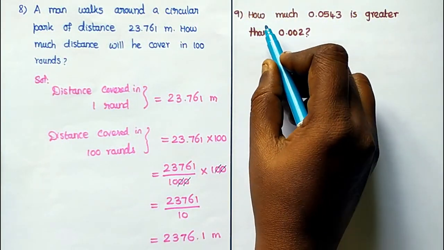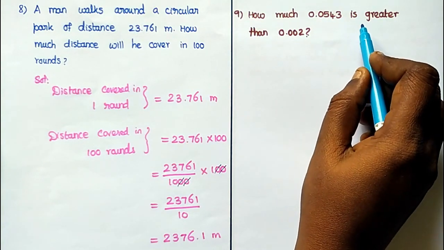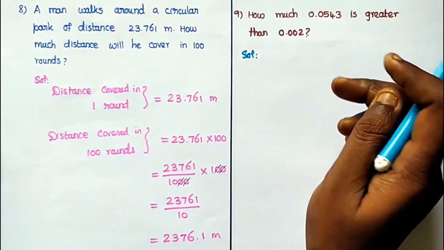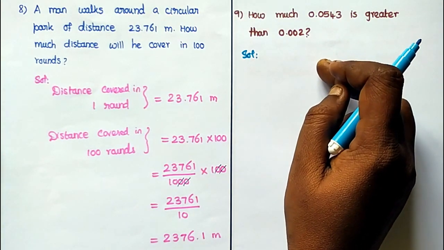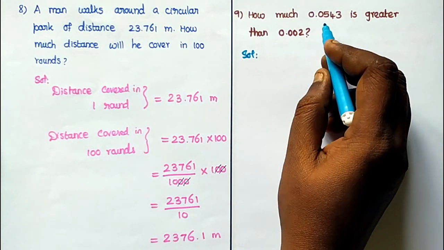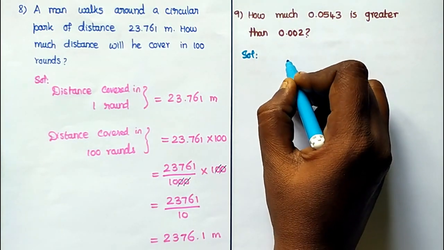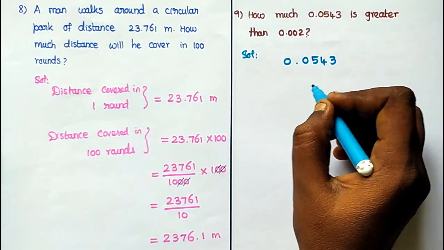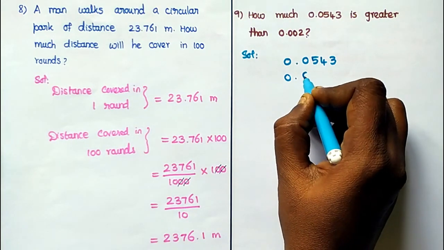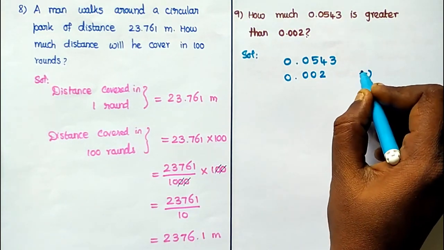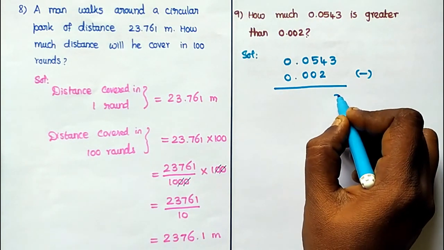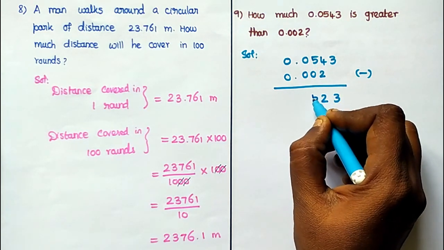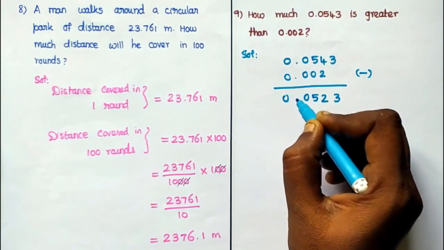Ninth sum, how much is 0.0543 greater than 0.002? We have to subtract these two numbers, and we get the answer. 0.0543 and 0.002, subtract this one. 3, 4 minus 2, 2, 5 minus 0, 5, 0, 0.